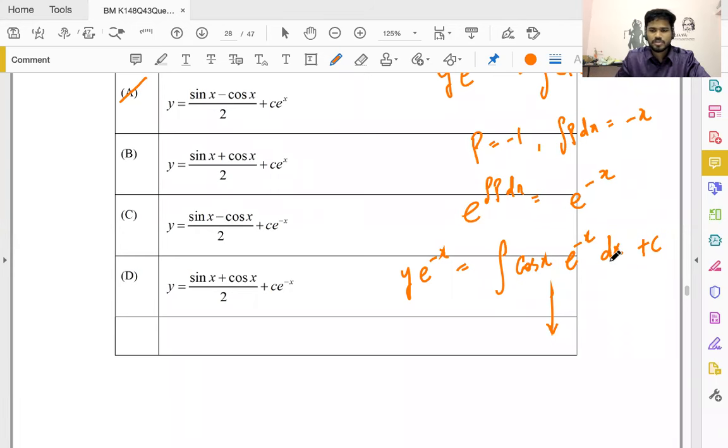Should we take cos into the bracket, or the exponential into the bracket? Again, if you know the ILATE rule and all that, usually do that. Take cos inside the bracket, it becomes sin x. You do one more time, you get this integral again. So you can actually find this integral.